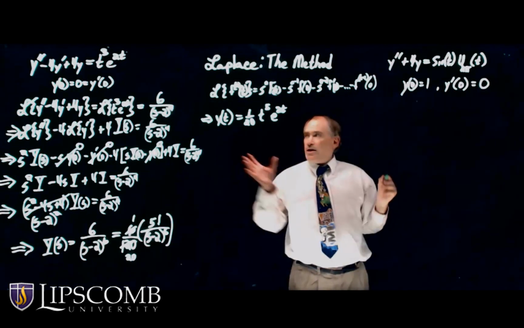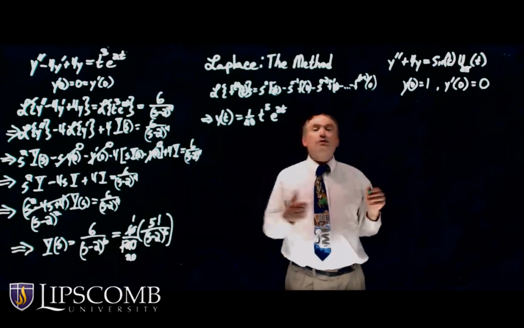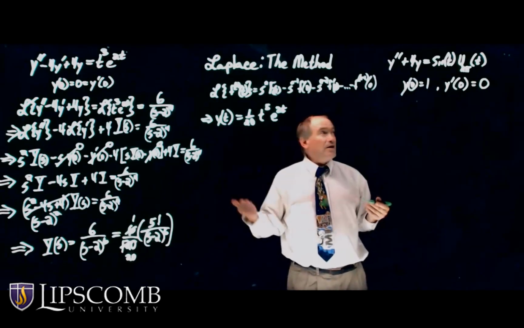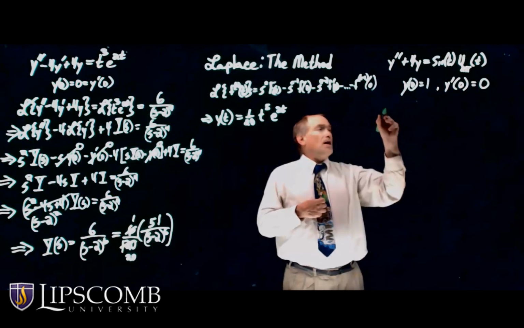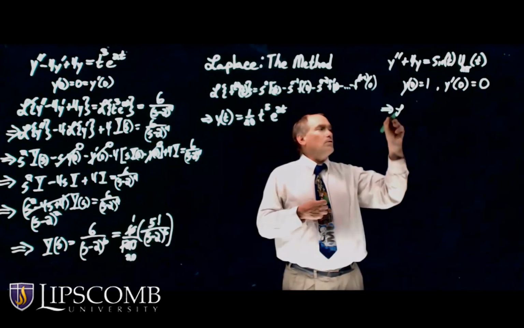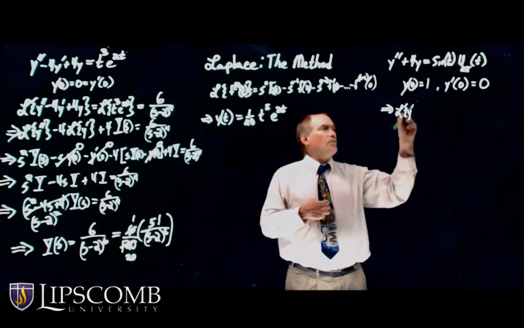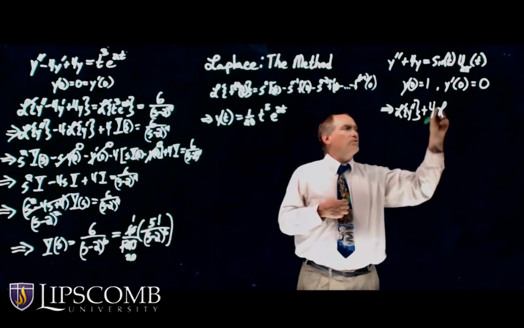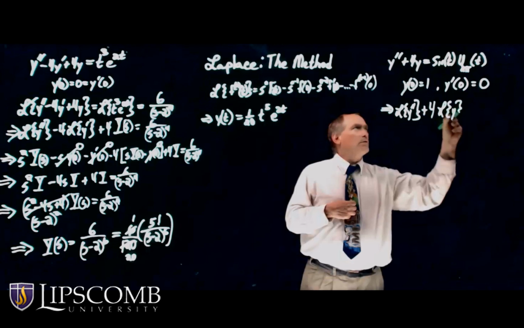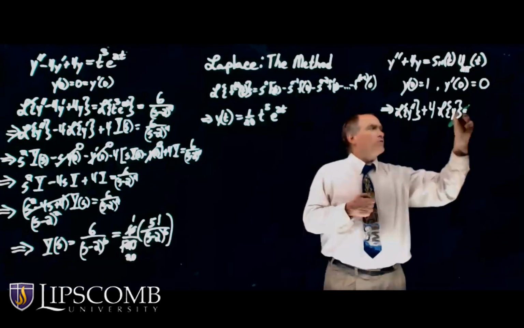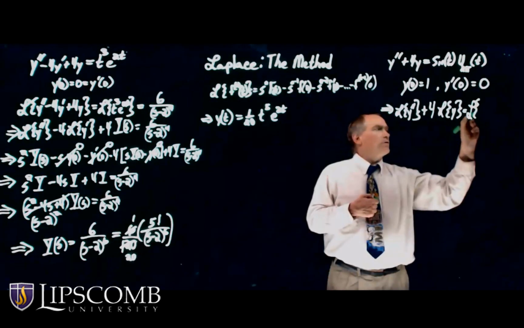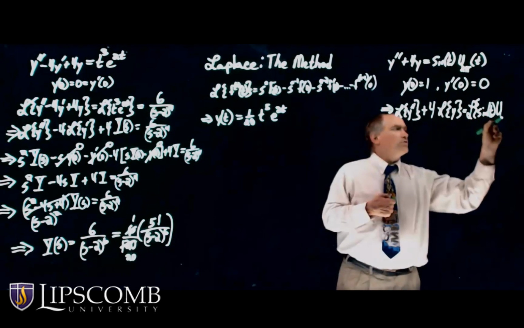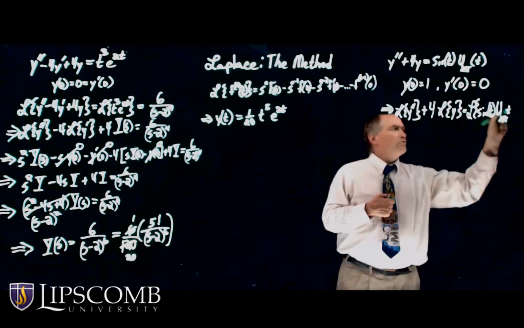If you don't mind, since I know Laplace is linear, the Laplace of a sum is the sum of the Laplaces, and I can factor constants out, I'm going to have the Laplace of y double prime plus 4 times the Laplace of y equals the Laplace of sine of t times the unit step function at 2 pi.